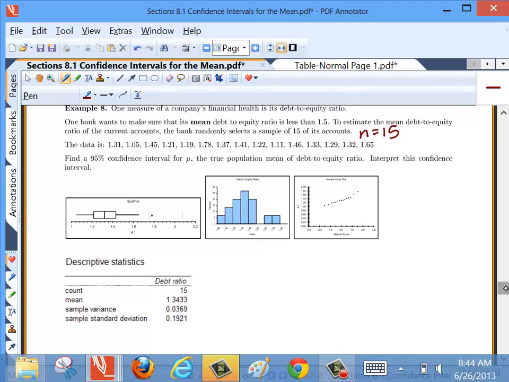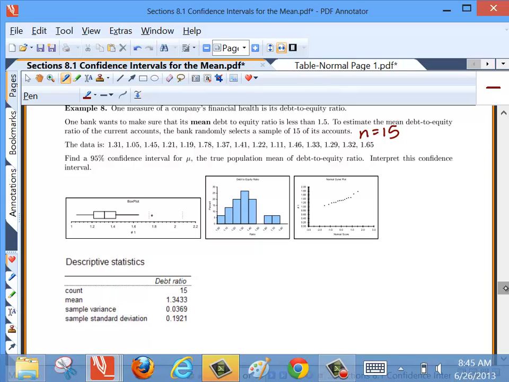The first thing I did is give you some graphical representations of the data. Why would I need to give you the graphical representations? To see if it's normally distributed. Why do I need to check that? Because my sample size is small. On the t, it's the same rule as for the z distribution: you either start with a normal distribution or have a sample size of at least 30.